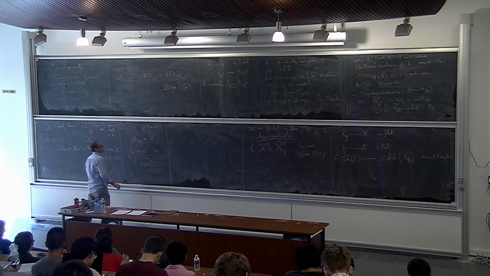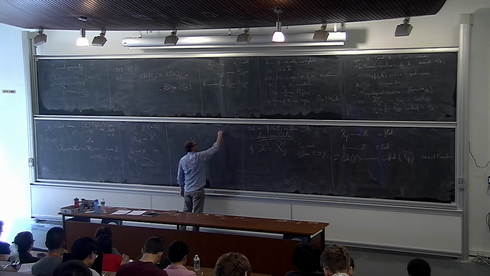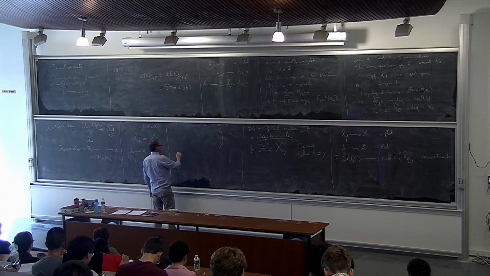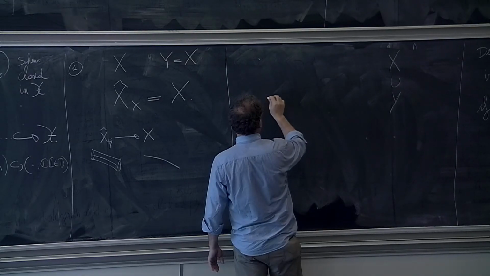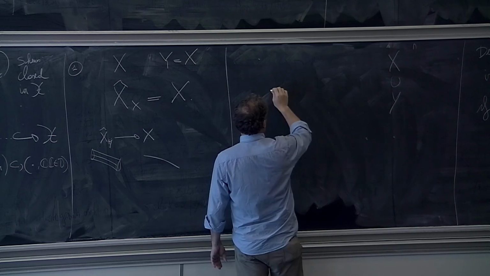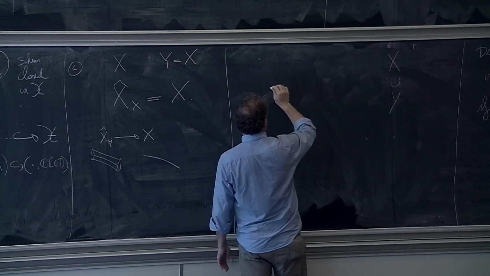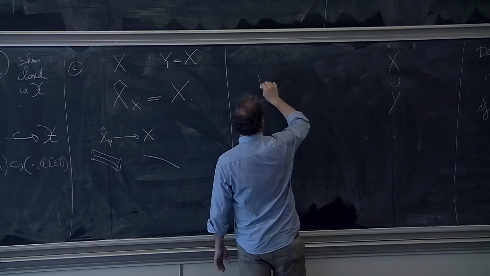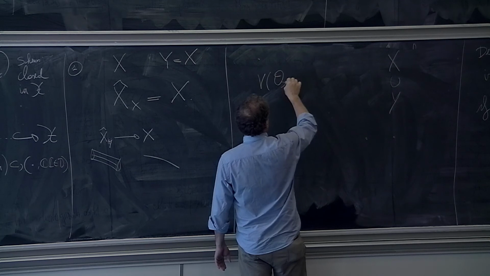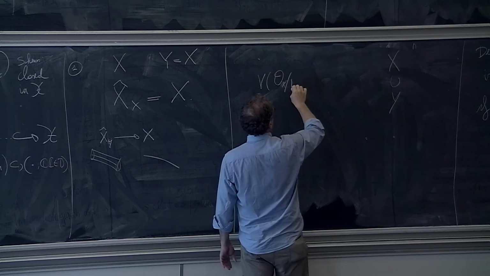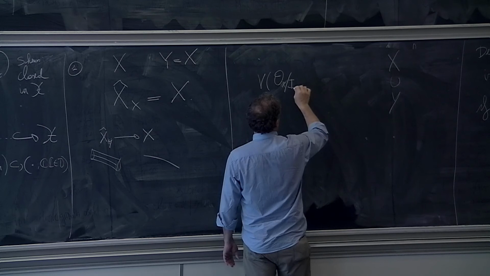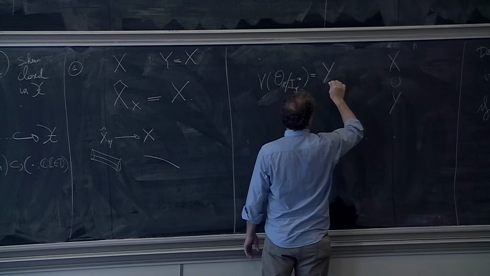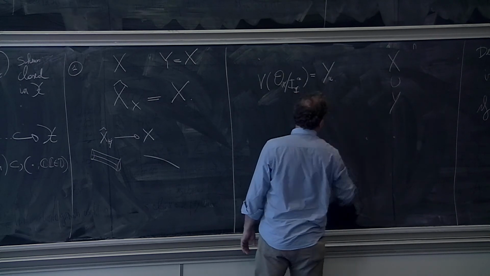So you have this filtration, and if you have X and Y inside, you can look at the scheme V of O_X divided by I to the power n, which I will call Yn.